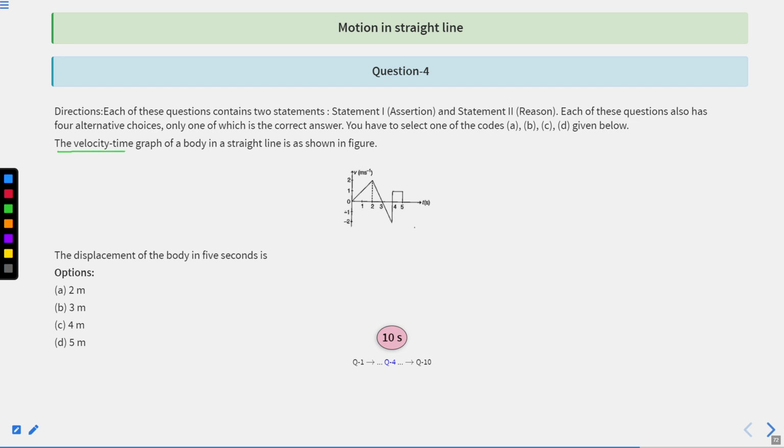The velocity time graph of a body in a straight line is shown in this figure. This is the velocity time graph. The displacement of the body in 5 seconds is what? It is asked about the displacement. Find out the answer. You have 10 seconds to solve this question. After it, we will provide the solution. Which one is correct? A, B, C, or D? Clear?